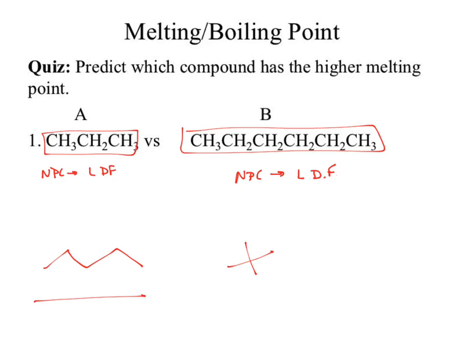The molecule on the left has the higher melting point than the one on the right, because the one on the left has a larger ability to interact with other particles, whereas the one on the right can only interact on that surface. There's less interaction, which means it's easier to break that molecule away from other molecules.